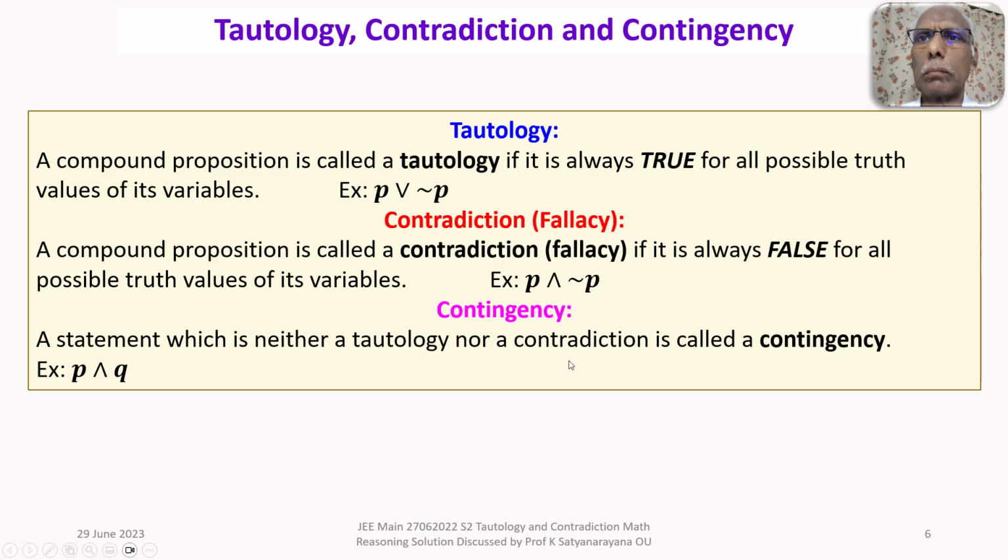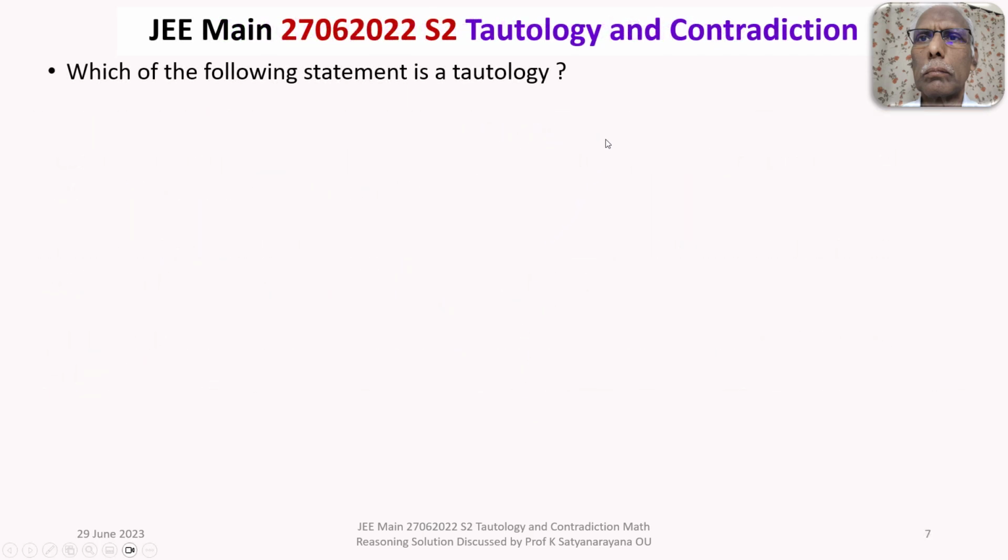That means it takes the truth value true at least once and false at least once. Example, P and Q. We go to our given question and discuss.